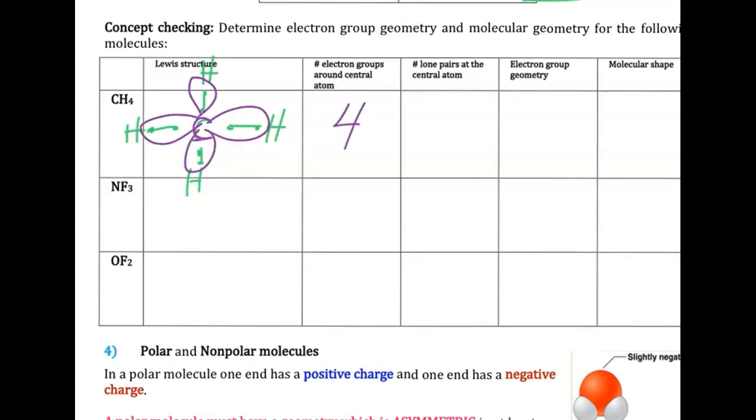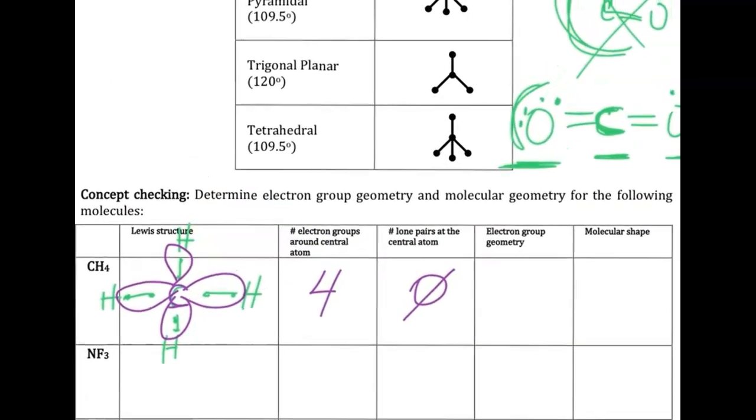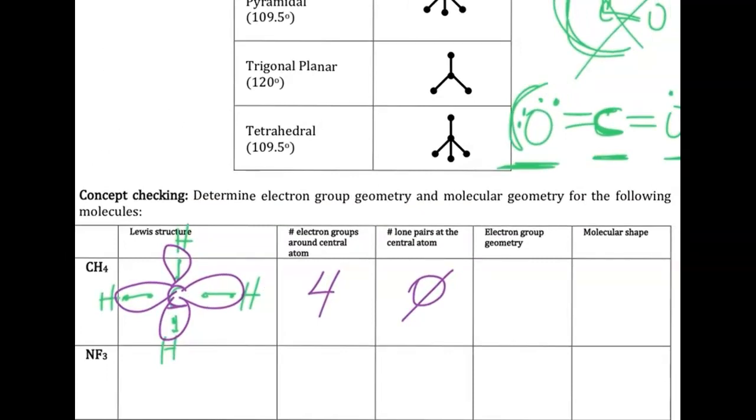So, number of electron groups around the central atom. Carbon is my central atom here, and it has 1, 2, 3, and 4 groups. So the number of electron groups is 4. Zero lone pairs.